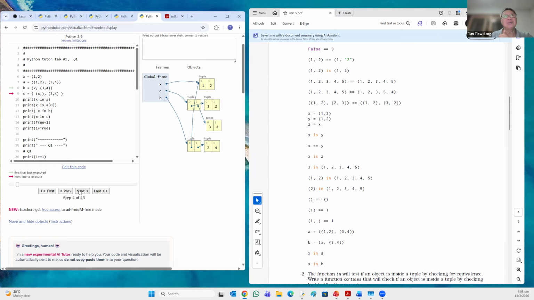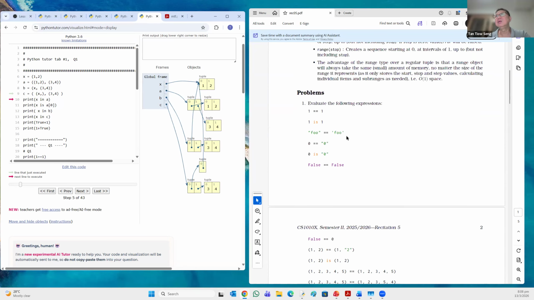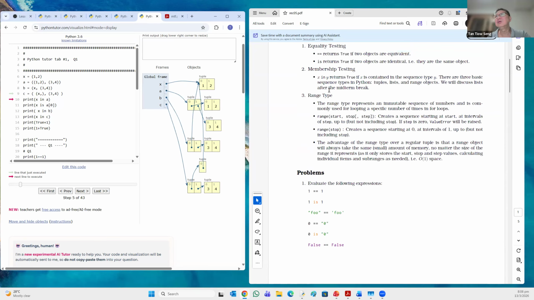So let's check X in A. X is this guy. That's X in A, it's the value. When we say in, in is true if X is contained in the sequence type A. So let's see. True. Is that okay for you? Are you sure?